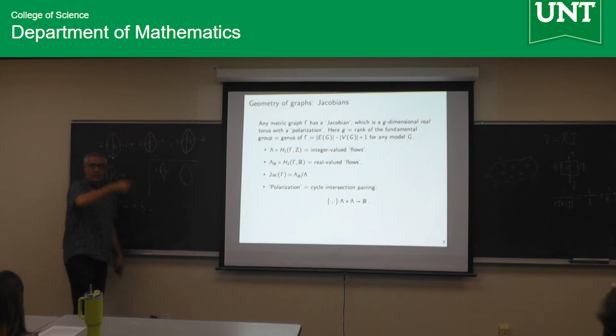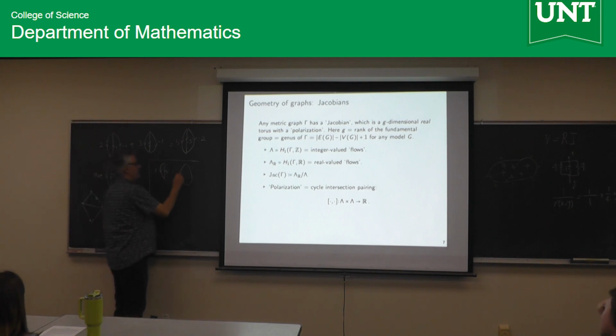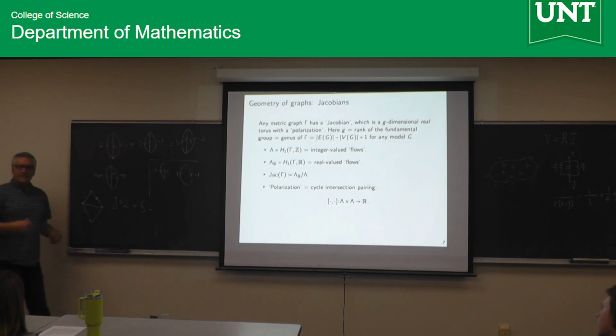Just think about water just circling in that cycle. And the same thing for this 1 and minus 1. And it turns out the space of flows is generated by the space of cycles. So it's enough for me to tell you what is the pairing of two cycles. And I've given it away, cycle intersection pairing.